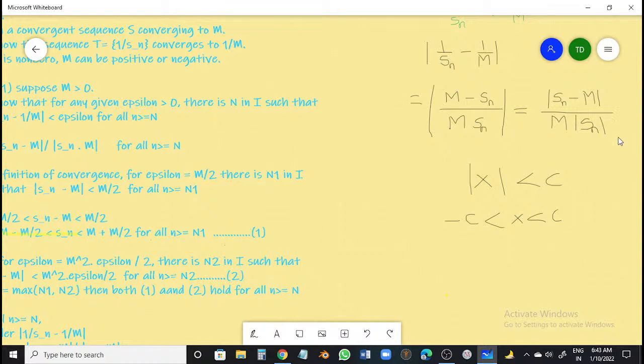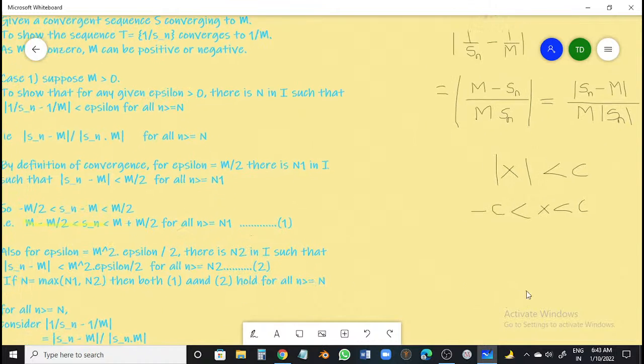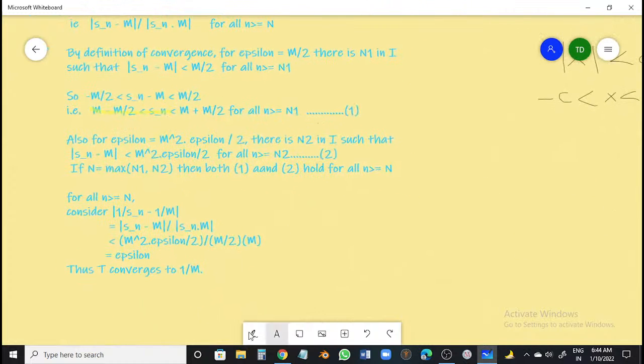As you know, we want to handle the mod Sn in the denominator. When we are talking about the denominator, we have to take care of such kind of terms. Alright. Now we are going ahead. If we take epsilon as m square into epsilon by 2, then for this epsilon also we will have some natural number n2 in N, such that modulus of Sn minus m is less than this particular value.